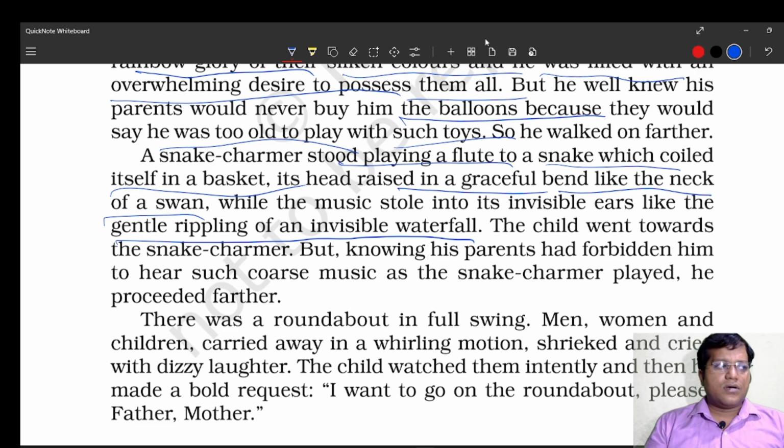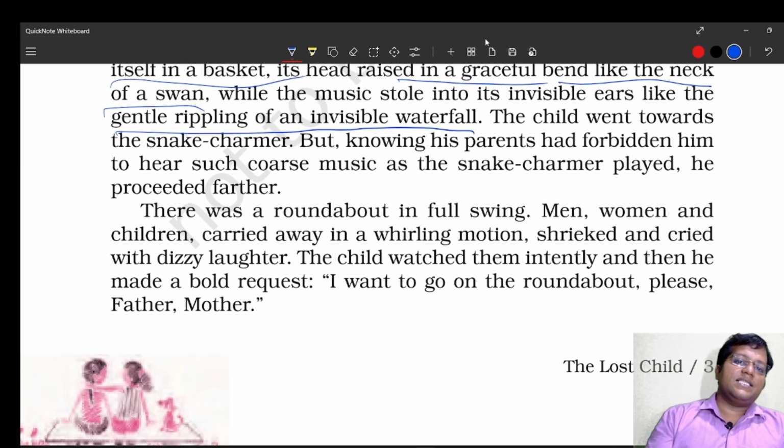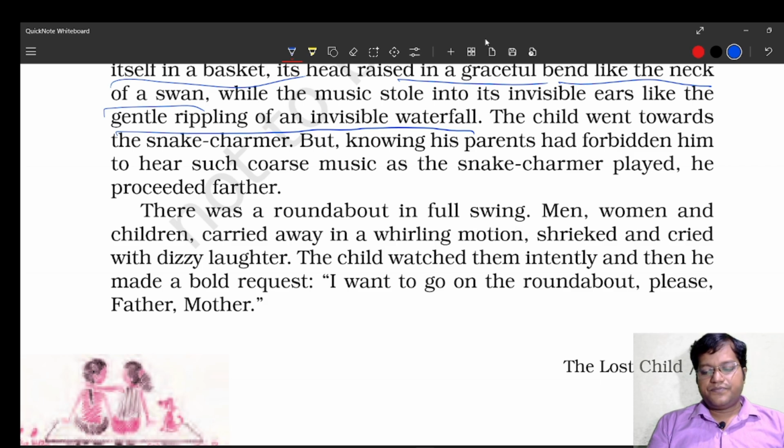It means that there was no visible ear on the head of the snake, yet the sound of the flute entered its head, and the snake was swaying to the different tunes of the flute.